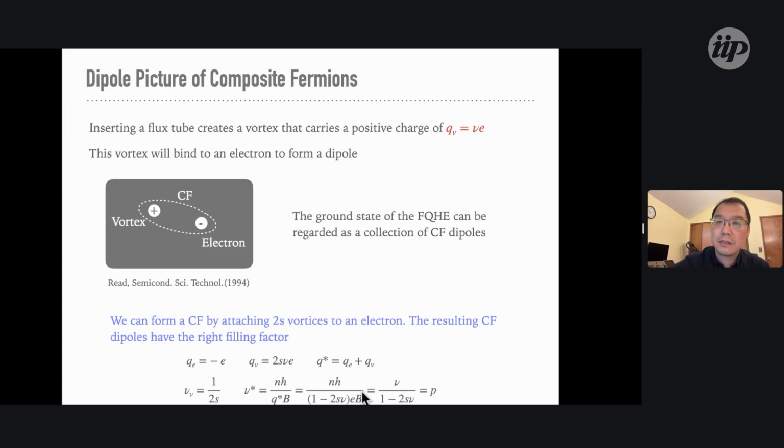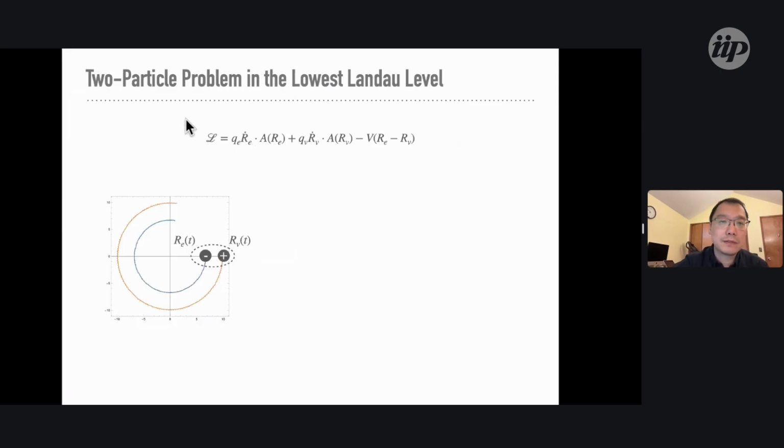So let's actually take this two-particle problem more seriously. Let's consider a very simple problem: an electron carrying charge Q_E and a vortex carrying charge Q_V, interacting via some kind of potential, and we're going to confine this problem in the lowest Landau level.